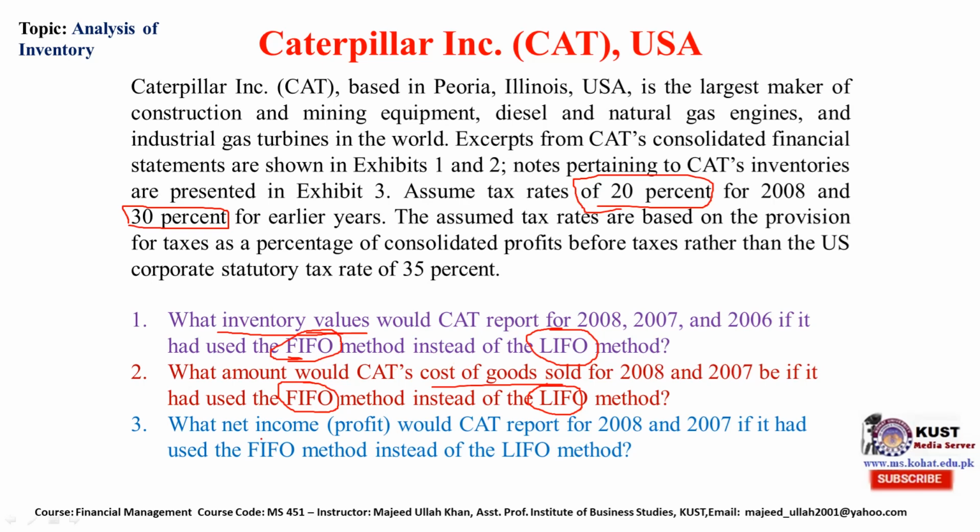Third, we are required to recalculate net income or profit on the assumption that the company uses the FIFO method instead of the LIFO method. If the company shifts to this method, what will happen to the net income?